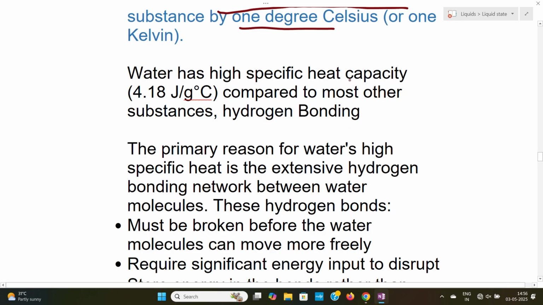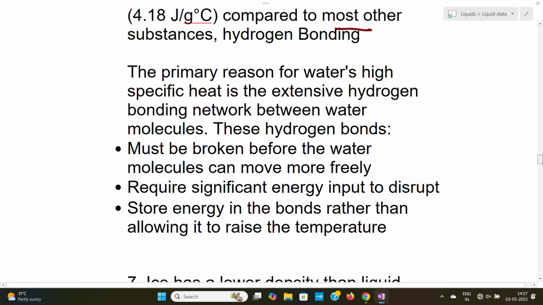Water has high specific heat capacity compared to most other substances because of the hydrogen bonding between the water molecules. So when we apply heat, this heat will be used to break up the hydrogen bonding between the water molecules and they will move more freely.